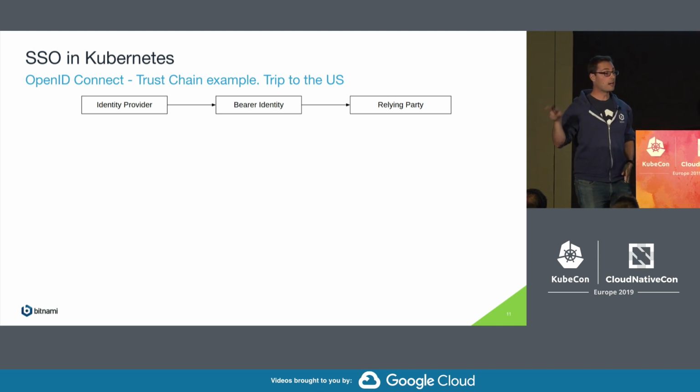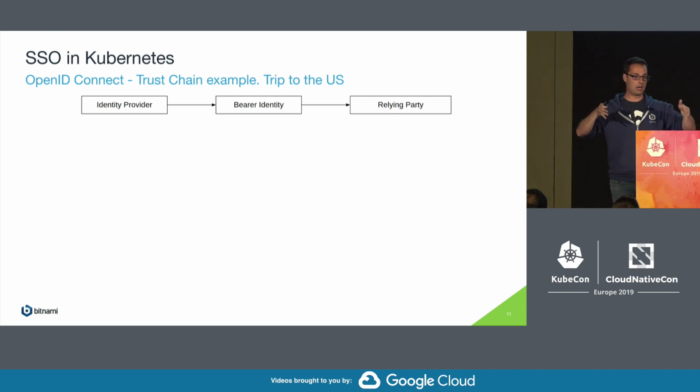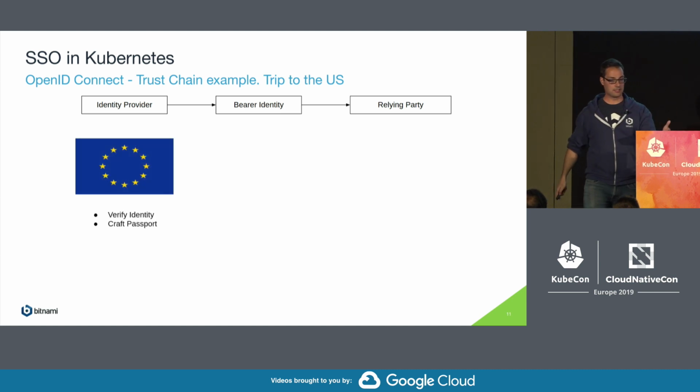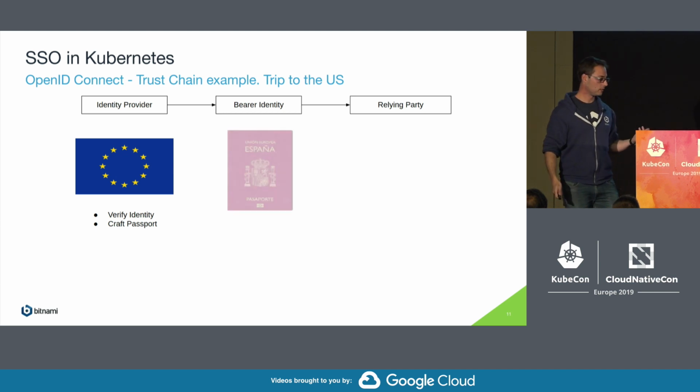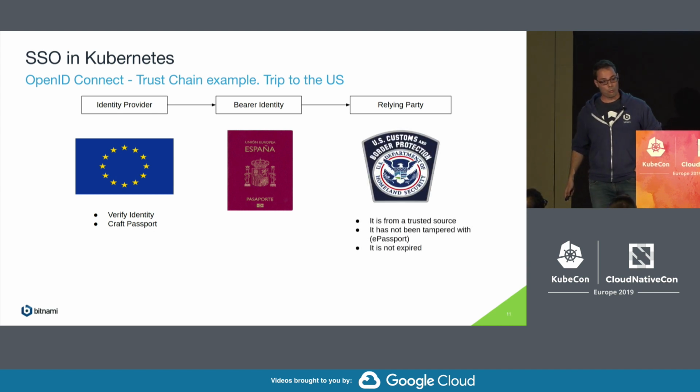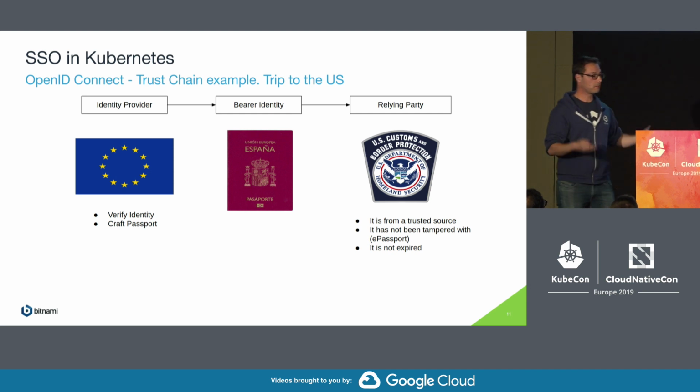To understand how the verification of this token works, let's think about a real-world example: me traveling to the US. The first thing I need is to go to an identity provider, which would be the European Union or Spain in my case, and they will verify my identity and craft the passport. The passport is the bearer identity I need to take with me at all times. When I land in the US, they will take my passport and check whether it is from a trusted source.